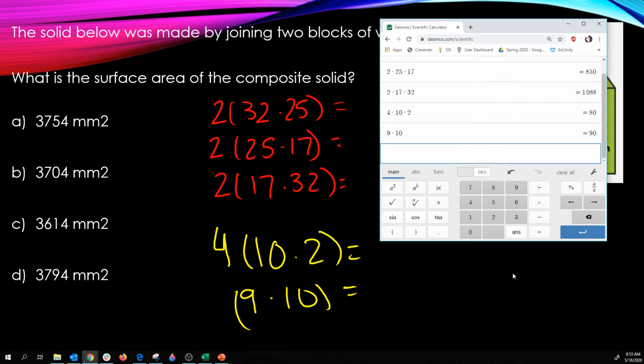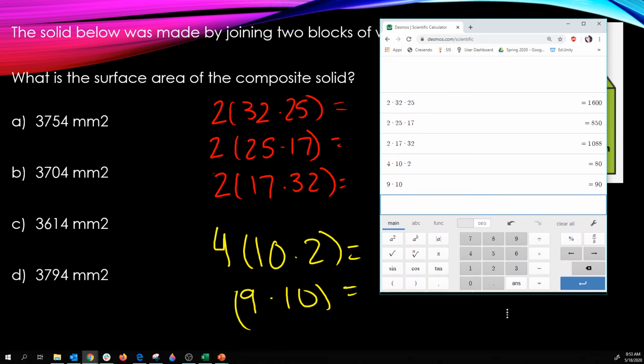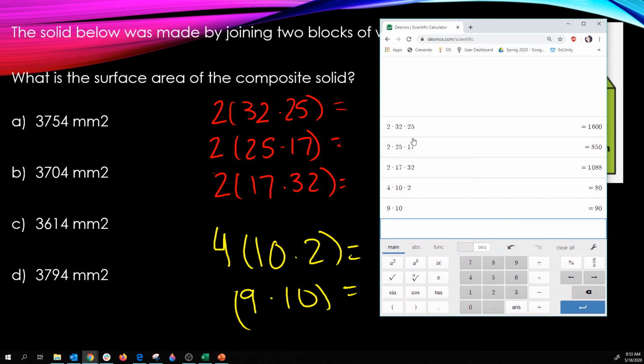Alright, so a lot of multiplying we just did. Now to find surface area, we have to make sure that we add them all together. But before I do that, I'm double checking to make sure that I typed in all the right numbers. Alright, so we are very close.